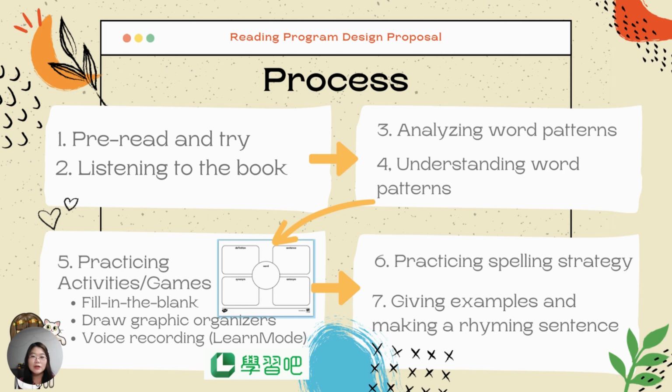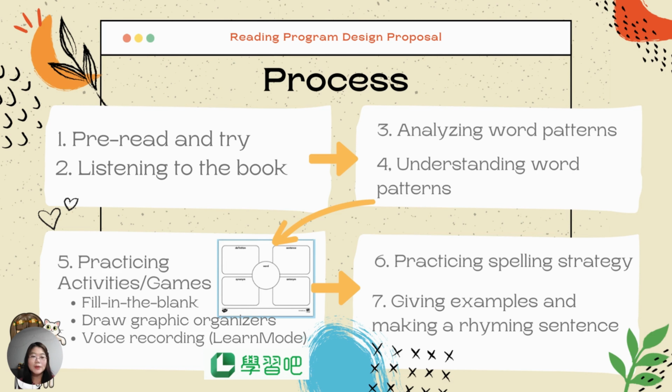And after the patterns, I'll move to the third part, the practicing activities or games. So I'll give them some activities, for example, fill in the blanks or draw graphic organizers, for example, writing down a vocabulary word map. So they have to write the word's definition or draw a picture or find the synonyms of the word, which can let them expand their vocabulary map.